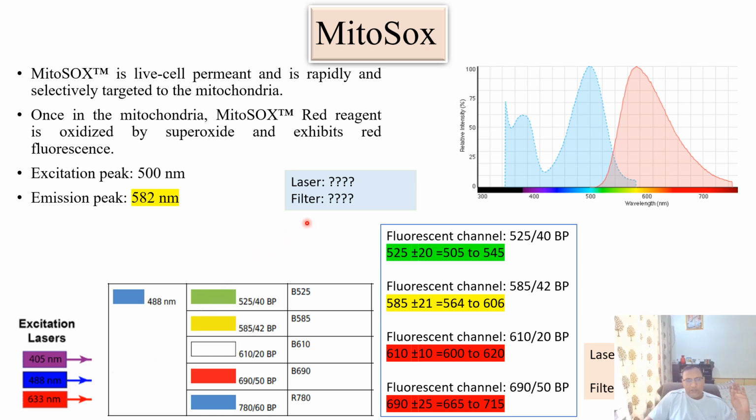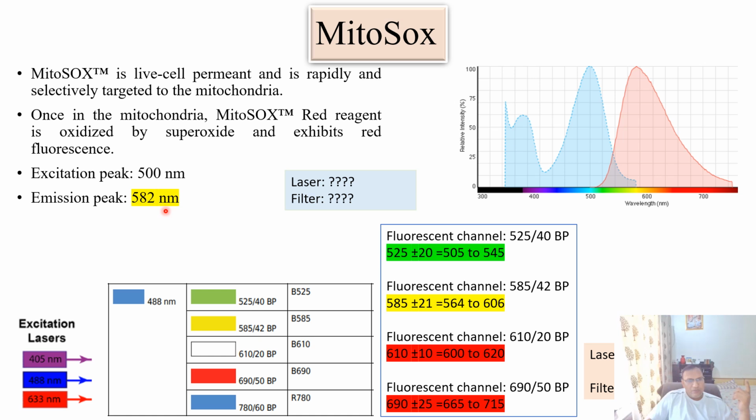This is how we select on the basis of the excitation wavelength spectrum. Now emission. As we know, the emission peak is 582 nanometers.